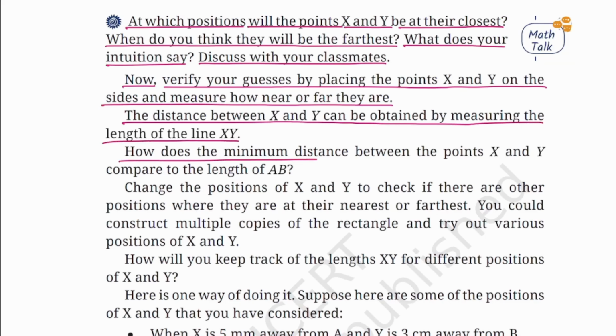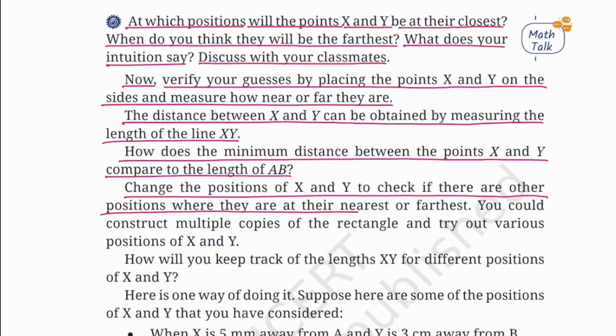How does the minimum distance between the points X and Y compare to the length of AB? Change the positions of X and Y to check if there are other positions where they are at their nearest or farthest. You could construct multiple copies of the rectangle and try out various positions of X and Y.